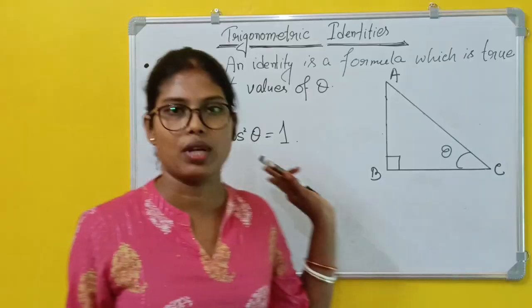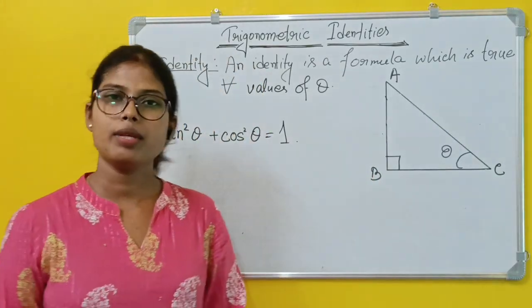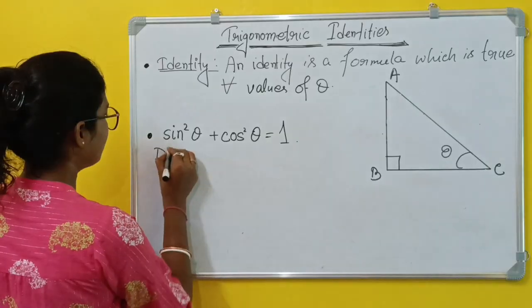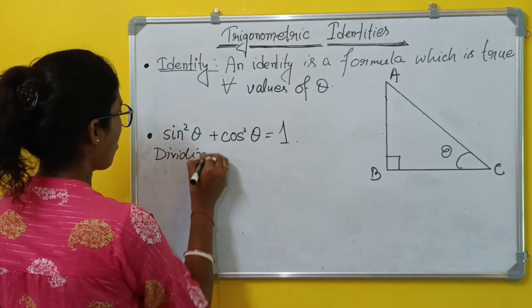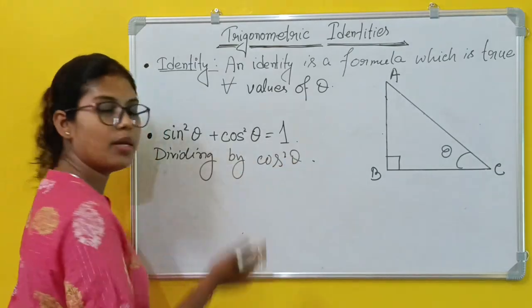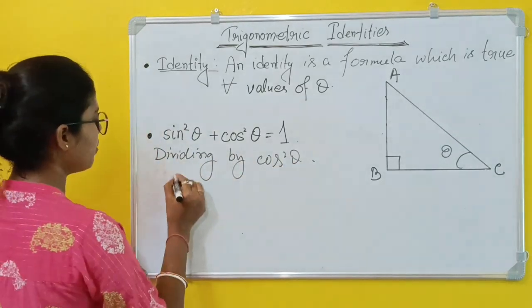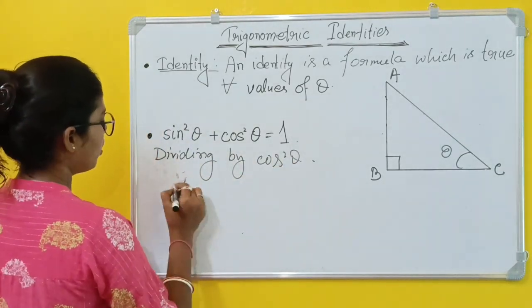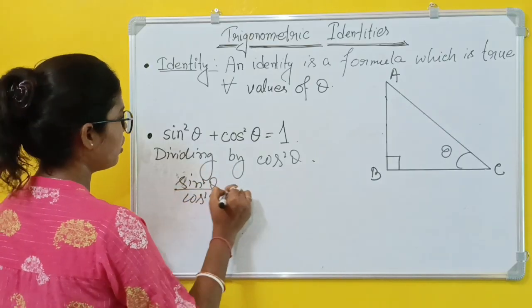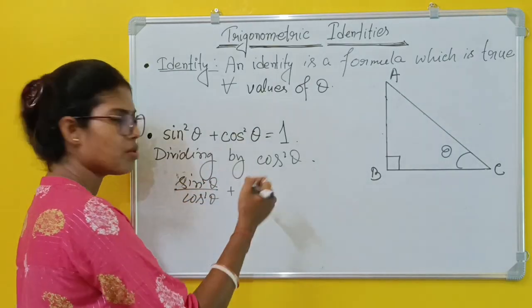The second identity. How to prove the second identity? We already have the first one, that is this one. Now divide both sides of the equation by cos square theta. What does it become? Sine square theta by cos square theta. Cos by cos is 1.